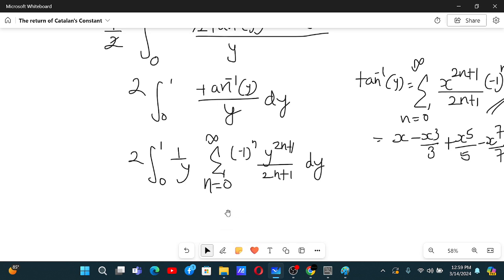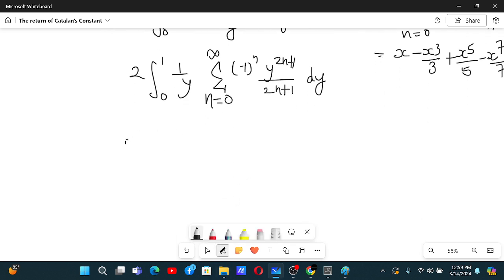Now let's interchange the sum and integral. That gives us 2 times the sum from n equals 0 to infinity of minus 1 to the power n, integral from 0 to 1 of y to the power 2n by 2n plus 1 dy.